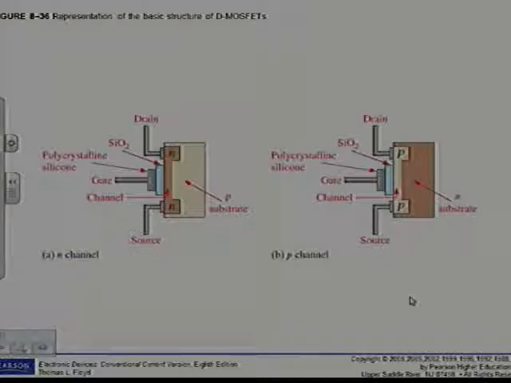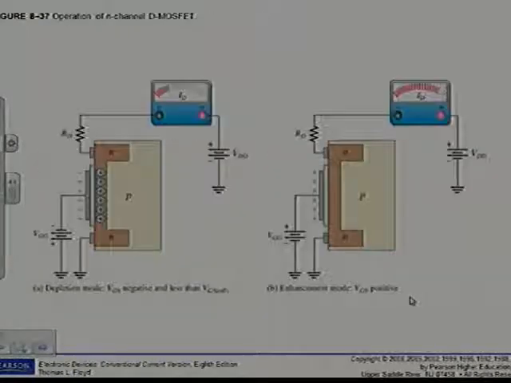That is the basic structure of the depletion MOSFET. Let's have a look at what's going to happen when we apply voltages to the gate of the depletion MOSFET, or D-MOSFET. In the first case, I apply a negative voltage on the gate, and a positive voltage to the drain, with reference to the source.